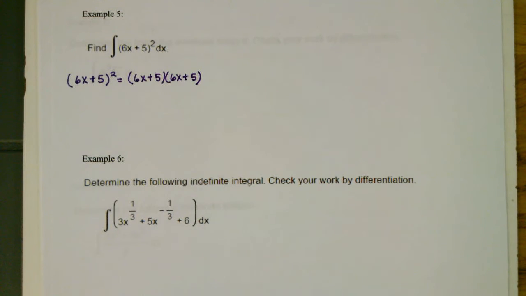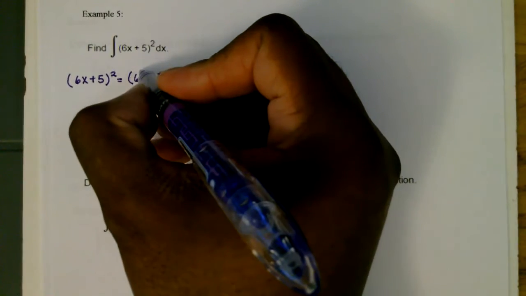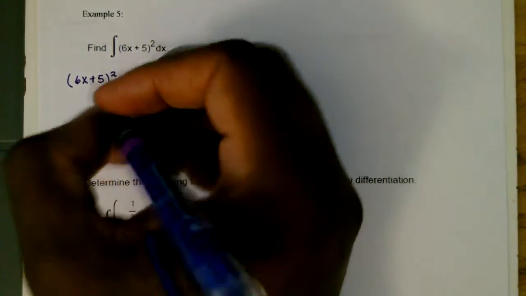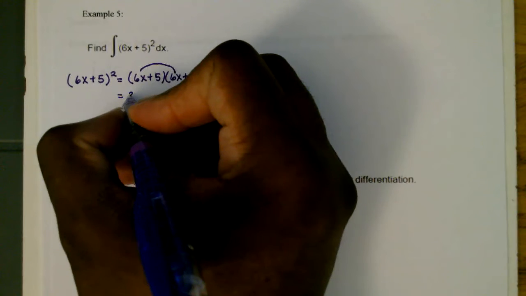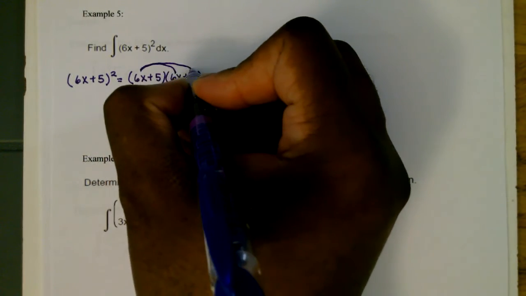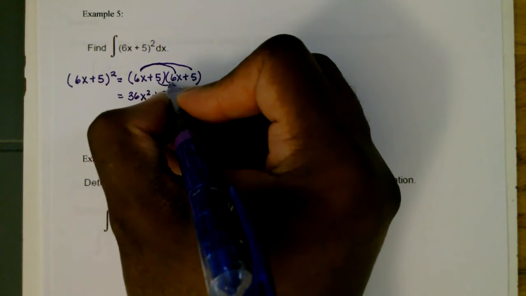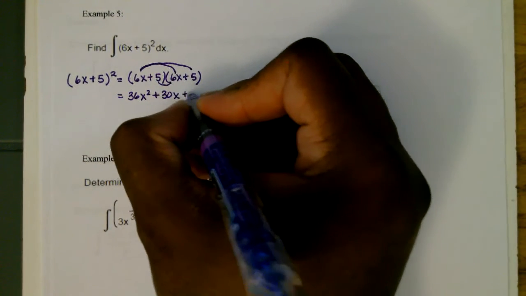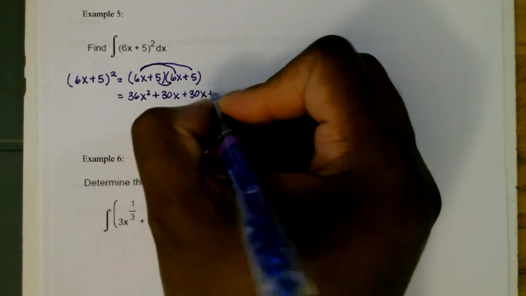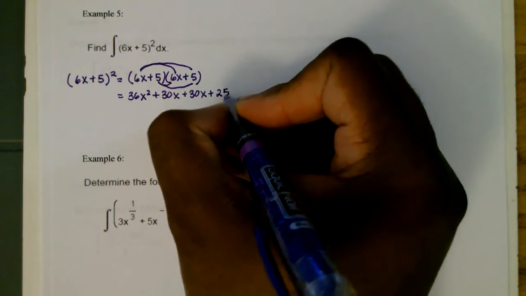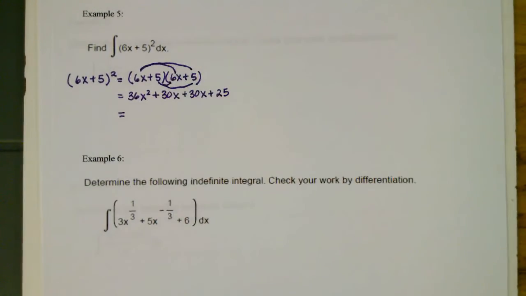And then apply the FOIL method. That FOIL method is this: first term times the first term, 6x times 6x, that's 36x squared. The outer, 6x times the plus 5, would be plus 30x. Inner, 5 times 6x would be plus 30x, plus the last times the last, 5 times 5, that'd be 25.